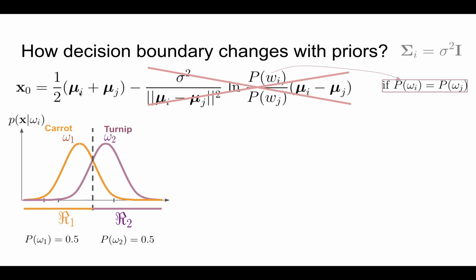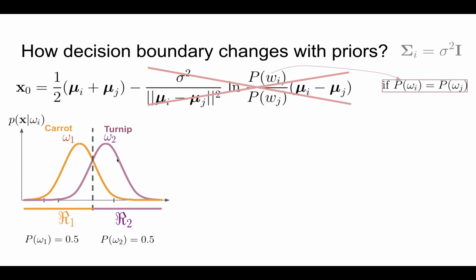So if we have these two curves, the point is shown here by the dotted line. So we have the priors as 0.5, 0.5, then that's where the decision boundary would be. This is the space R1 for carrots, this is the space R1 for turnips.